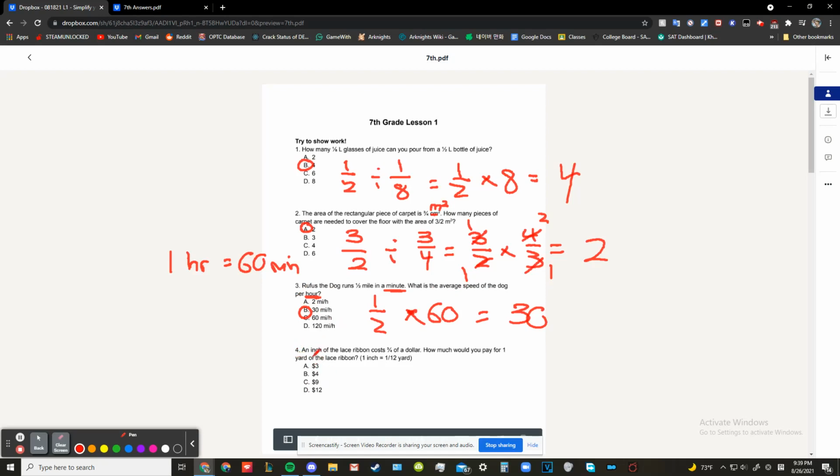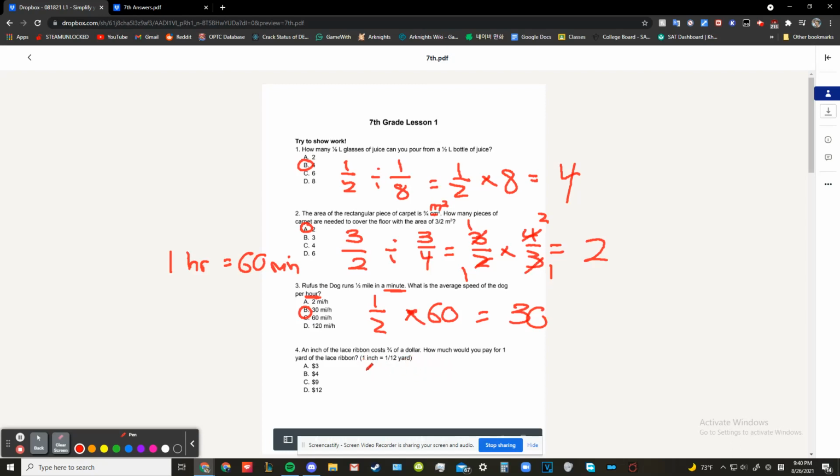Let's look at 4. An inch of the lace ribbon costs 3/4 of a dollar. How much would you pay for 1 yard of the lace ribbon? And 1 inch is equal to 1/12 yard. Okay, so we need to buy 1 yard of the lace ribbon, and it says 1 inch is equal to 1/12 of a yard.